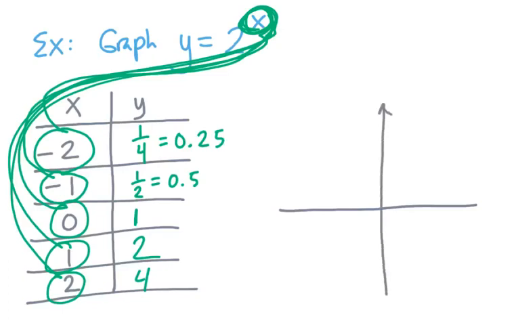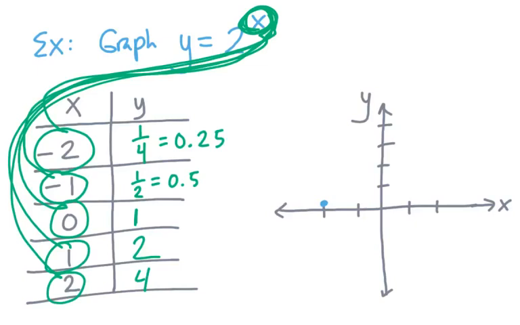So I'll go ahead and plug these points in. And we'll just do our best to create a decent sketch. So when x is negative 2, the y value is 1/4, so it's just barely popping off the x-axis there. This again is a sketch, so it's not perfect.